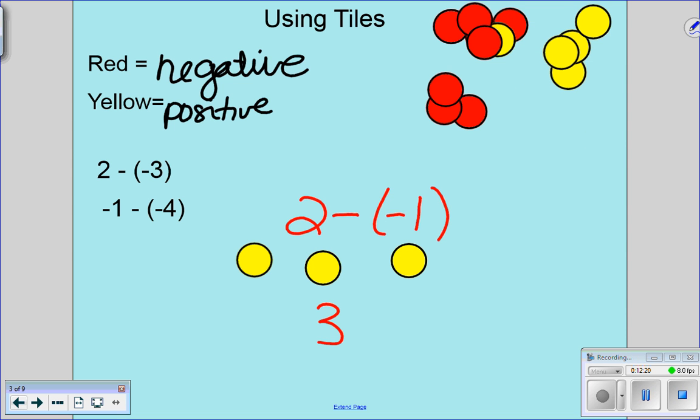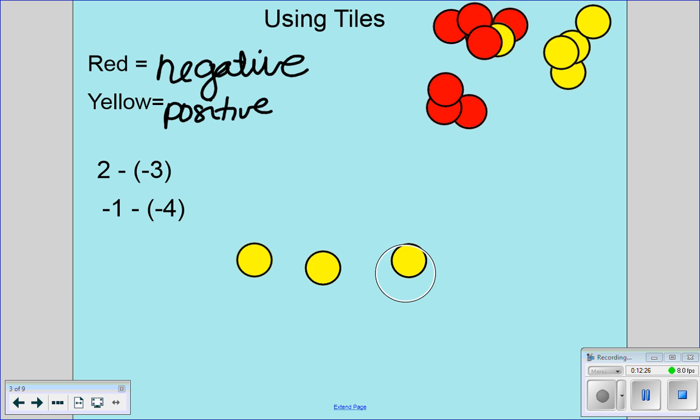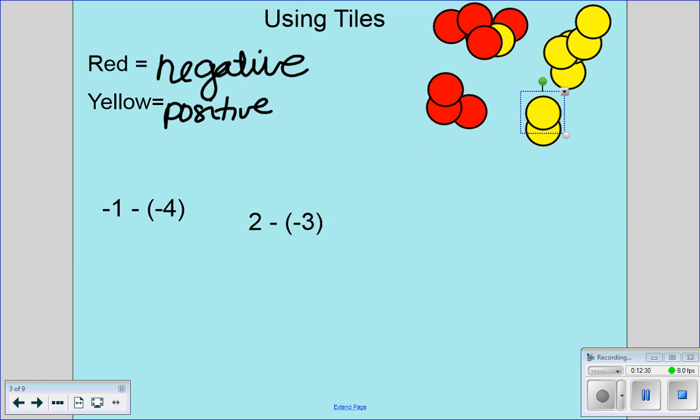Let's go back to one of the top ones we did. Okay, let's go back to this one. What do we say the answer was here? I think we said the answer was 5, I'm pretty sure. So if I keep this, what am I going to do to this? I'm going to change it.